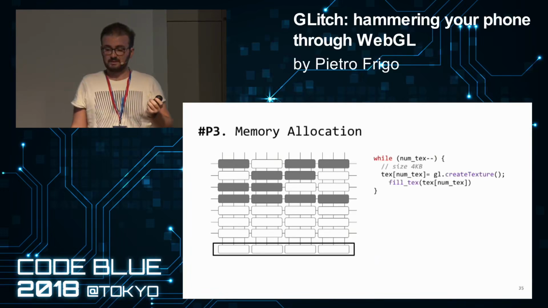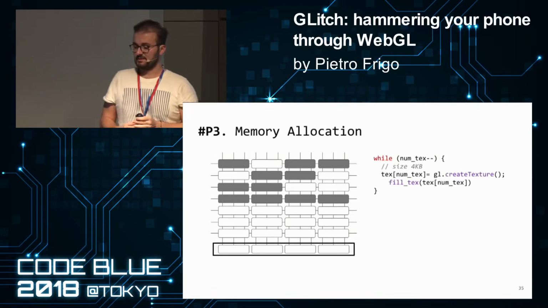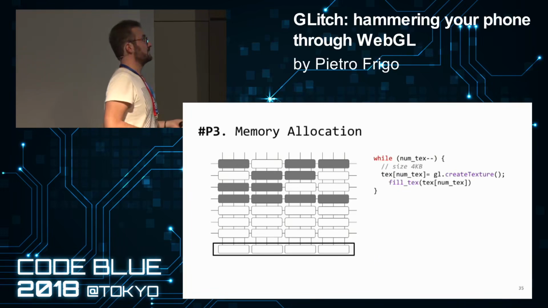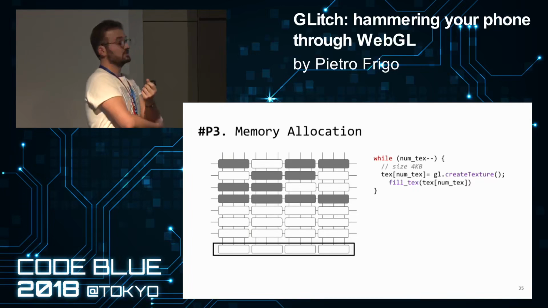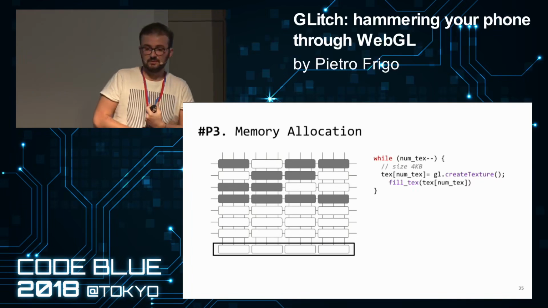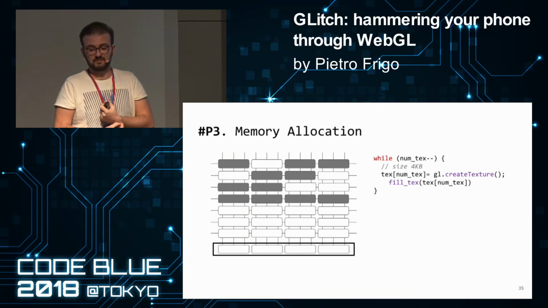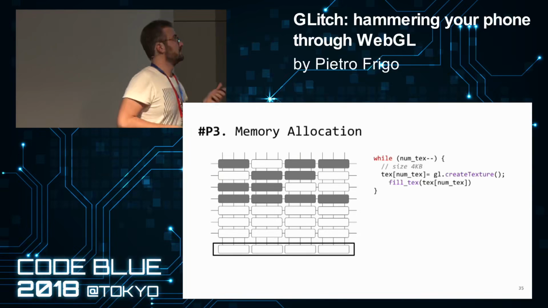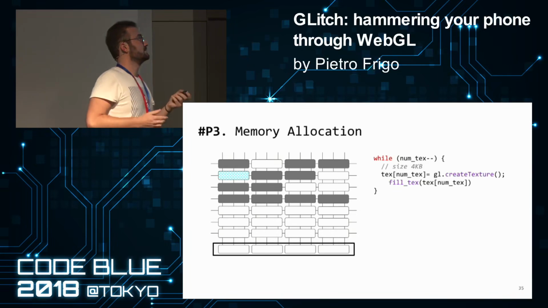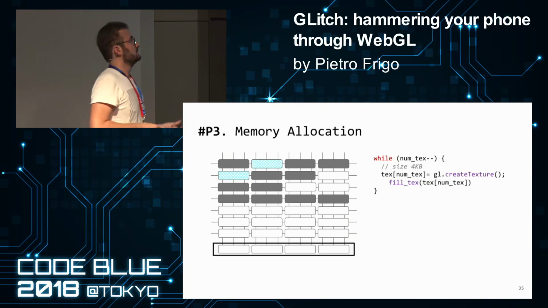And let's say you want to allocate some textures from WebGL. What you would do is you say you want to allocate a texture of 4 kilobytes. So the operating system will try to not fragment the memory. So it will provide you with the smallest possible chunk available at that time. So we will start with the single pages. So this is isolated, so it's single. Same goes for this one.